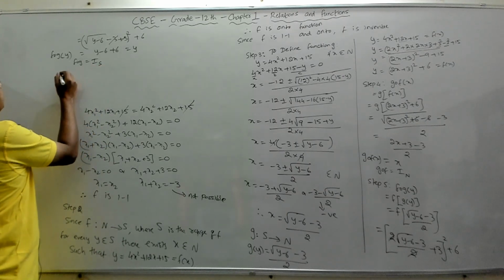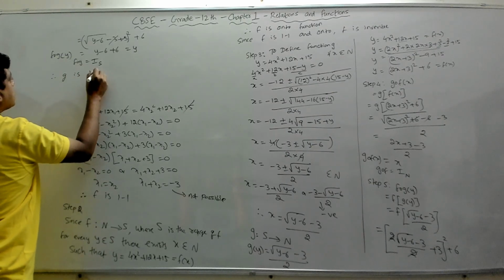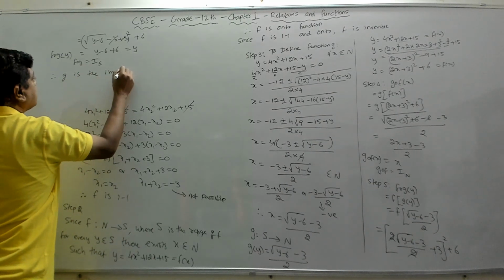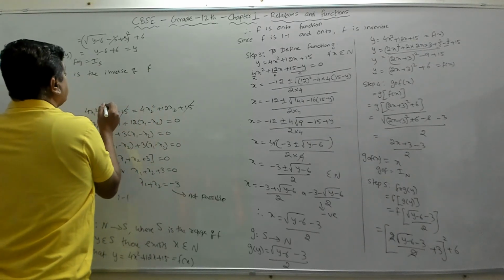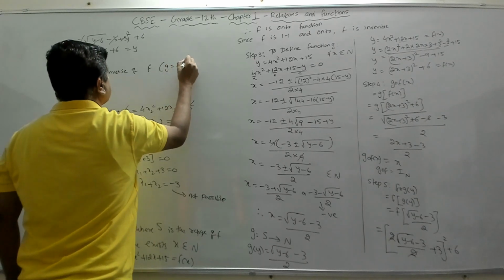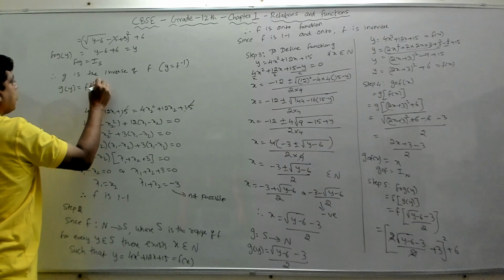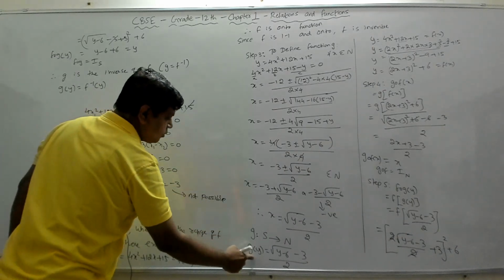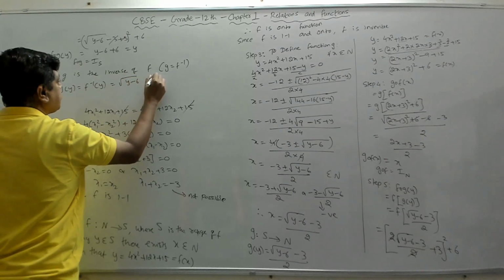So therefore we'll say, therefore g is the inverse of the function f. g is the inverse of f, which means g equal to f inverse. And what is g of y? g of y is equal to f inverse of y. That is equal to square root of y minus 6 minus 3 by 2.